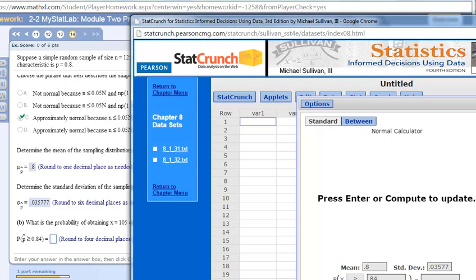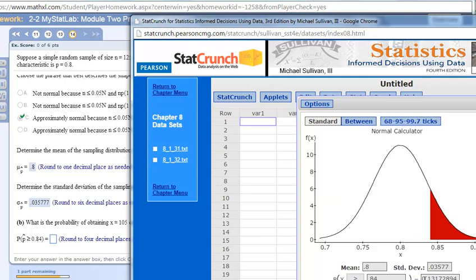Okay, so now I hit compute, and I get this outcome, and that is the area under the curve. So 0.13, round to 4 decimal places, so 0.1317.